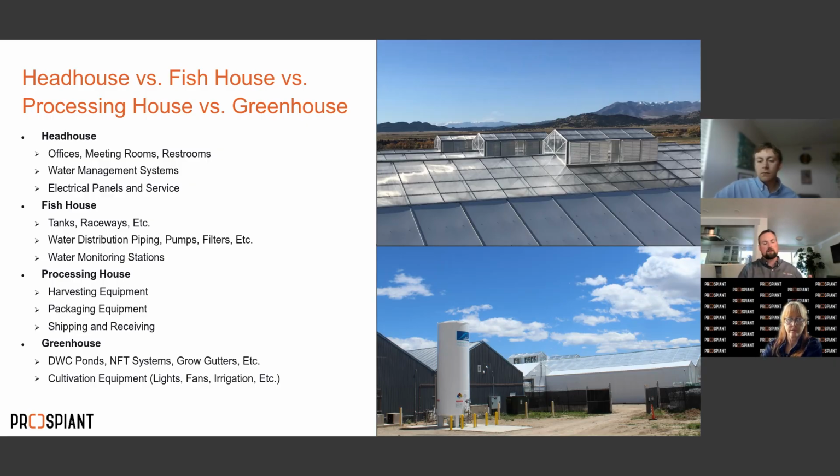But oftentimes you don't see the fish and the plant material being processed in the same building. Sometimes those are two separate buildings. And a lot of times you'll see the fish basically separated from the rest of the greenhouse facility, because more often than not, the fish are not looking for the same environment as the plants.